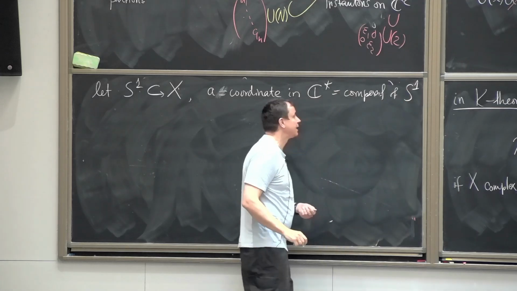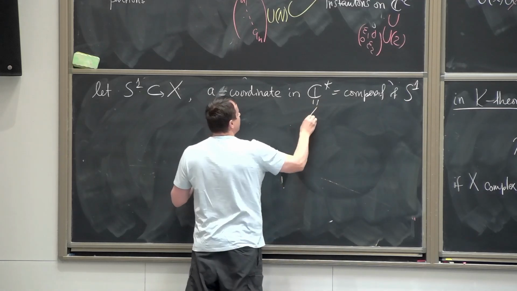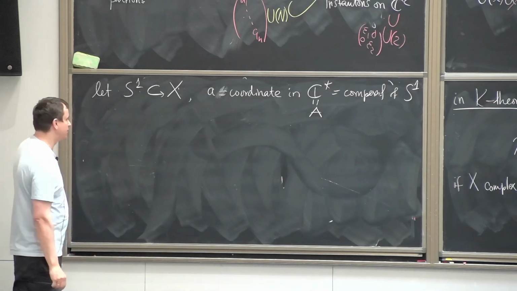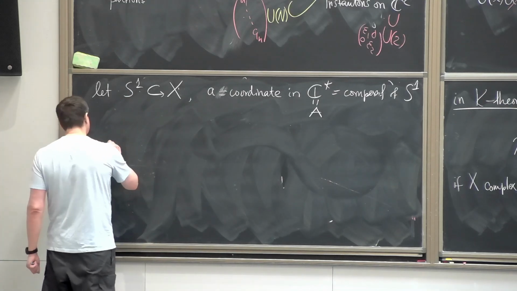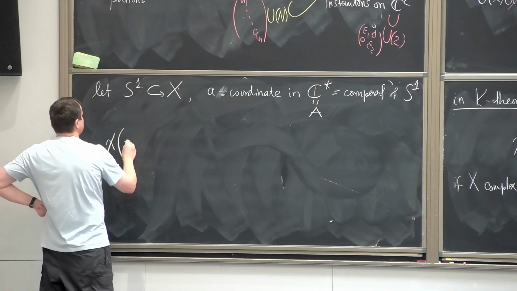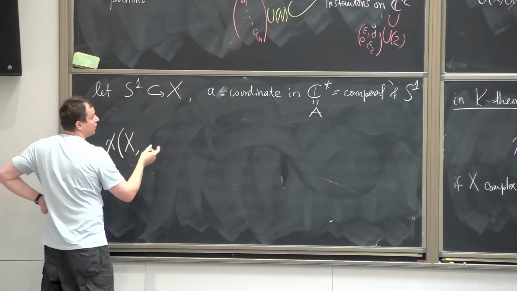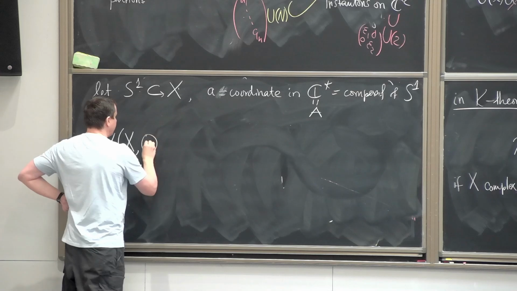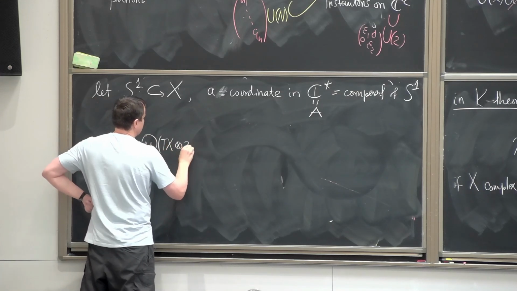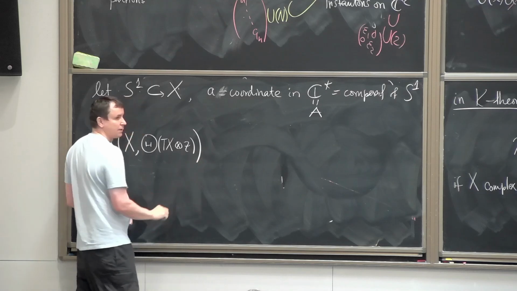And just look at the localization formula. What's it going to say? So if I want to compute the Euler characteristic on X of this, well, I'll write the same thing, theta. What's it going to be?